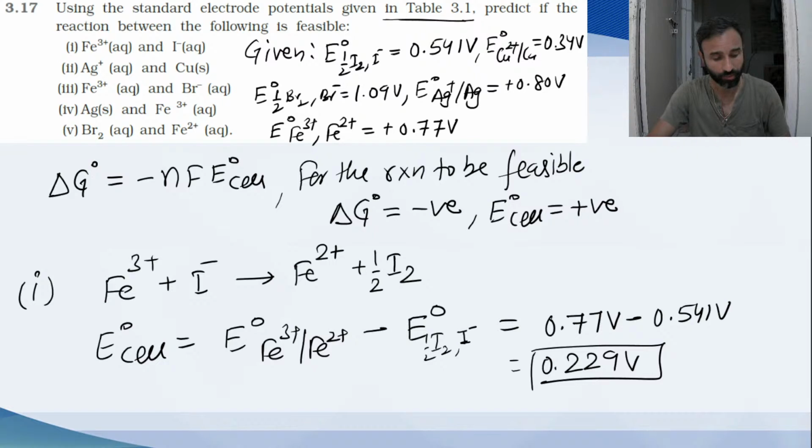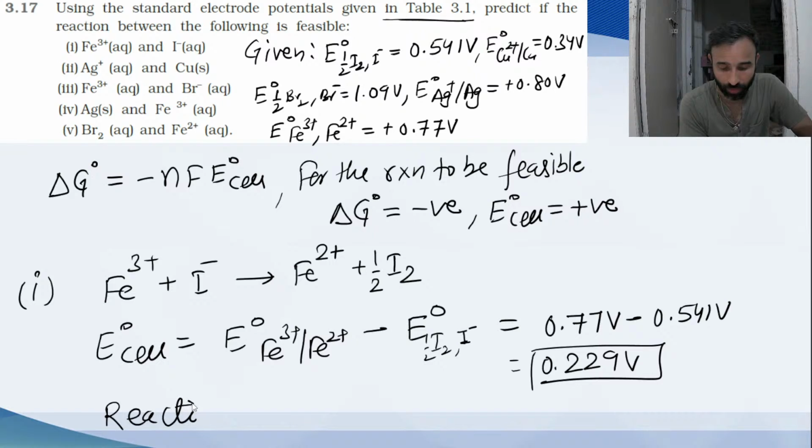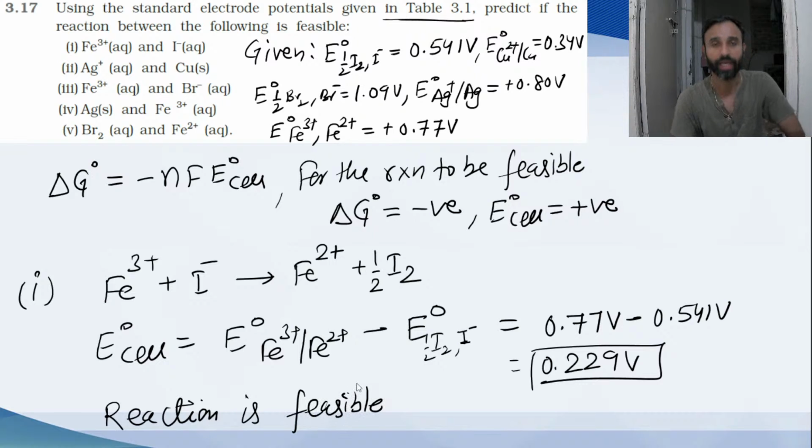So E naught cell is positive, which means the reaction is feasible. The reaction between Fe3+ and I negative is feasible.